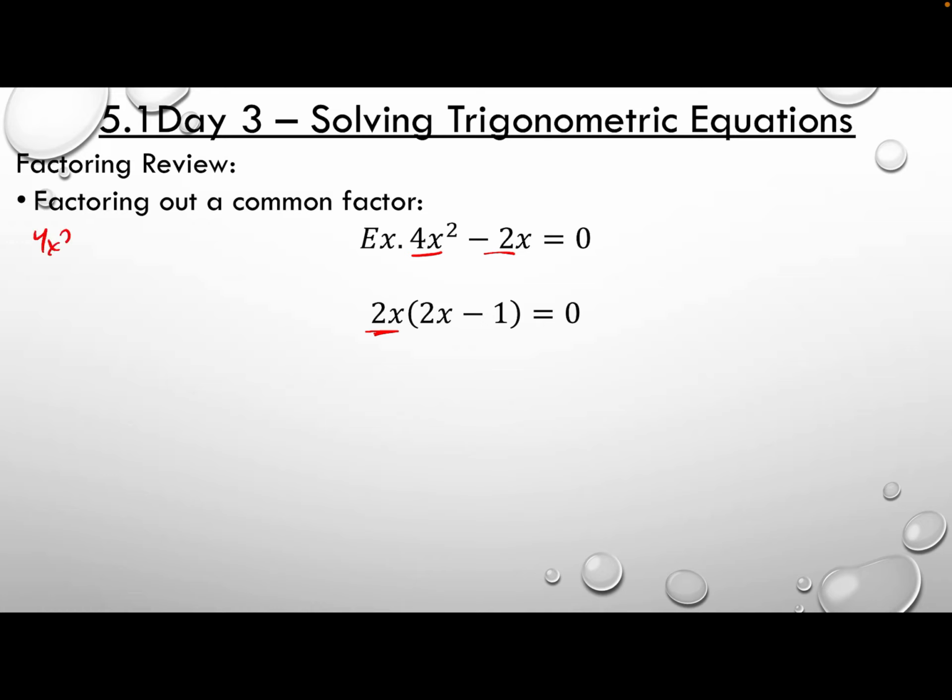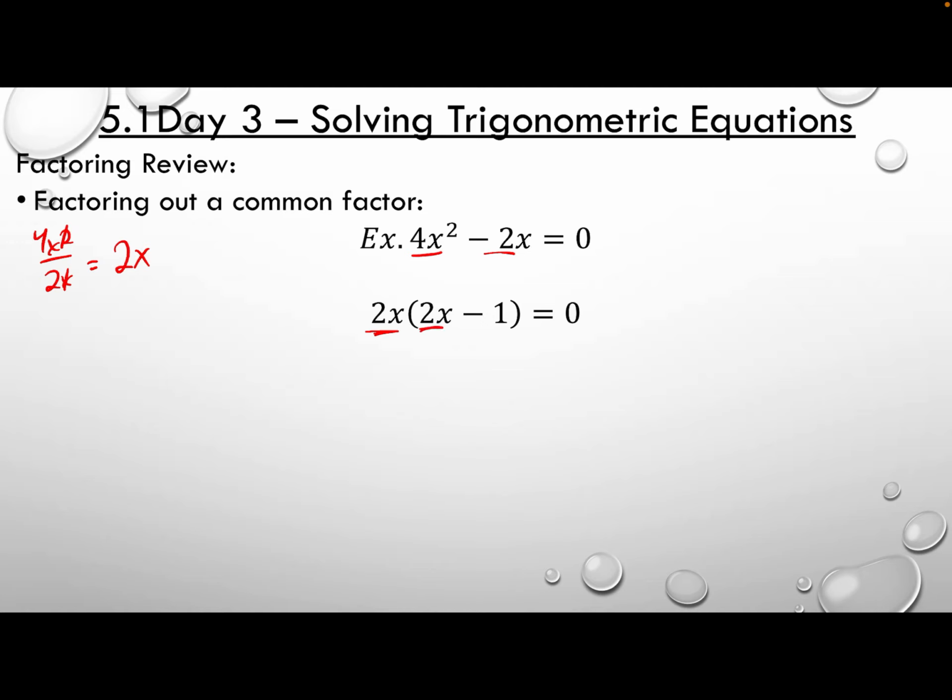So we took 4x squared, divided it by 2x, so the x on the bottom cancels one of the x's on top, so that's why you're just left with x, and then 4 divided by 2 is just 2. So you end up with 2x.